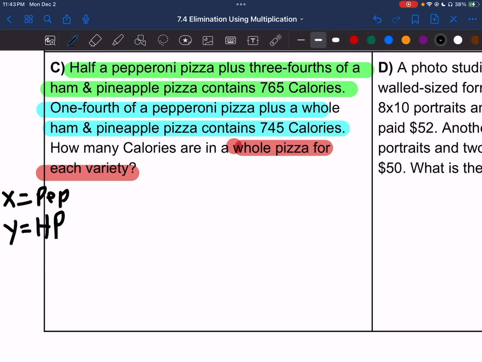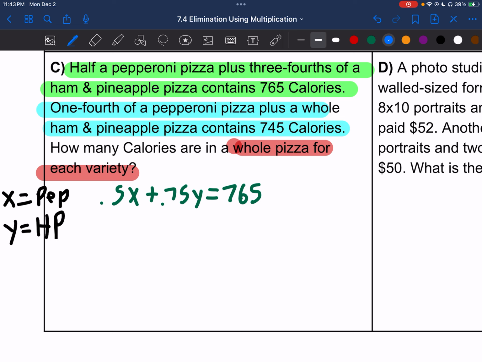ham and pineapple. Yuck. All right, so our first equation, we have 0.5x, so 0.5 times a pepperoni, plus 0.75y is going to be equal to 765.